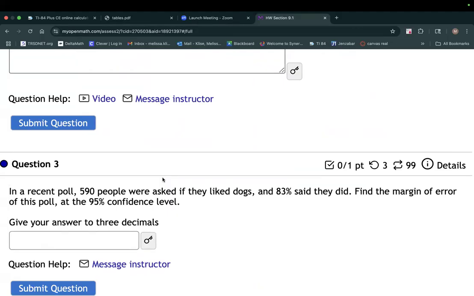Now, the calculator's not going to like that. For your number of successes, we can't have a decimal. So most of the time, if you just round to the nearest whole number, it'll get you there. For 489.7, if I use 490, my calculator should be fine. I'm going to do that right now to see if it happens.